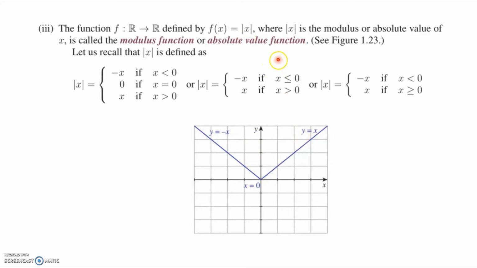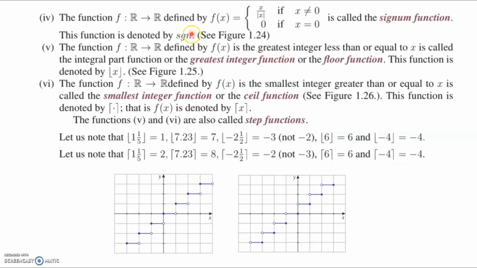That is called a modulus function or an absolute value function. Then let's define a few more functions, which is the signum function, where f(x) is equal to x by mod of x if x is not equal to 0, and 0 if x is equal to 0. This is called a signum function.